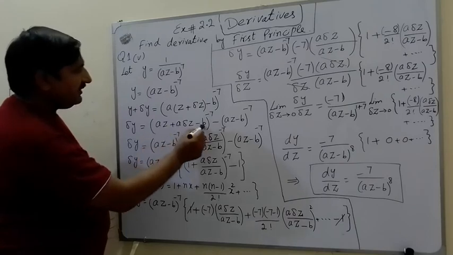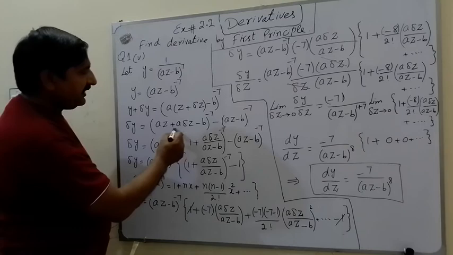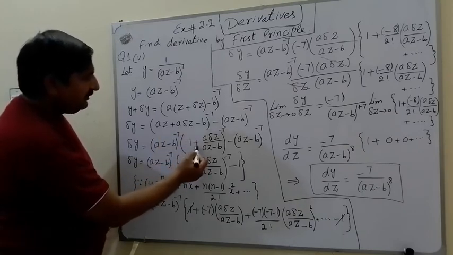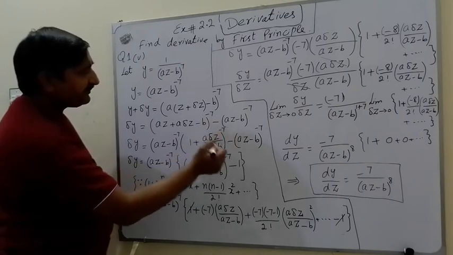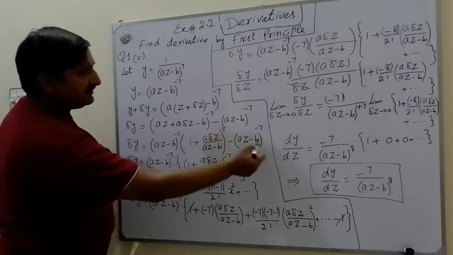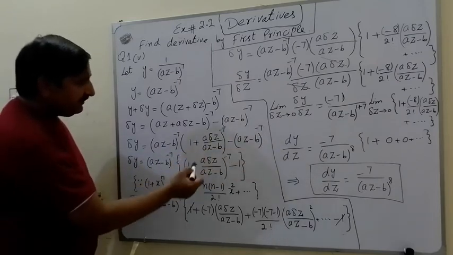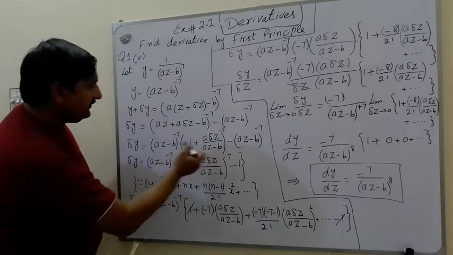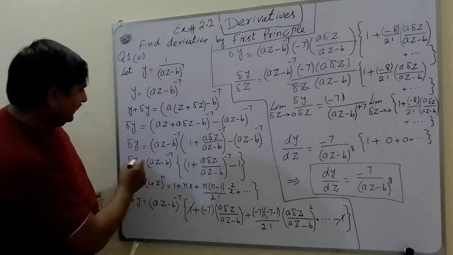When I take this value as common, look here, this is not present in the second term. So I write 1 plus a del z over (az minus b), raised to power minus 7. Minus, the next term remains the same, (az minus b) raised to power minus 7. In the next step, look here, I have the first term and only two terms are there in this expression.